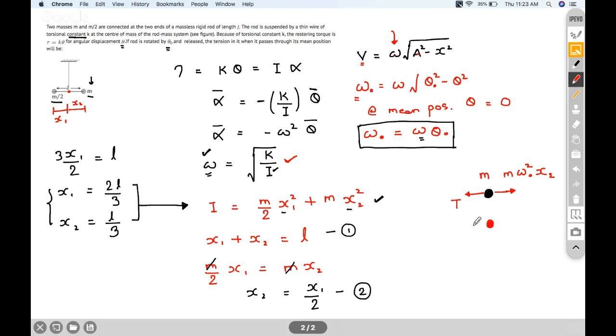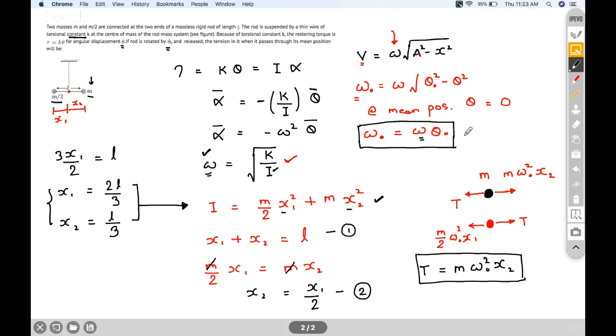For m by 2, this way it will be m by 2 omega naught square x1, and this way you will have tension. Since m by 2 into x1 equals m into x2, in both cases you get the same value of tension. You can use either one. I'll use the above one, and write tension equals m omega naught square into x2.